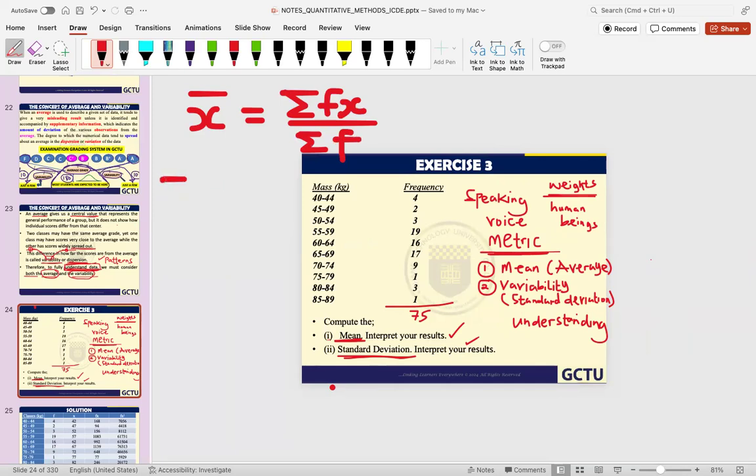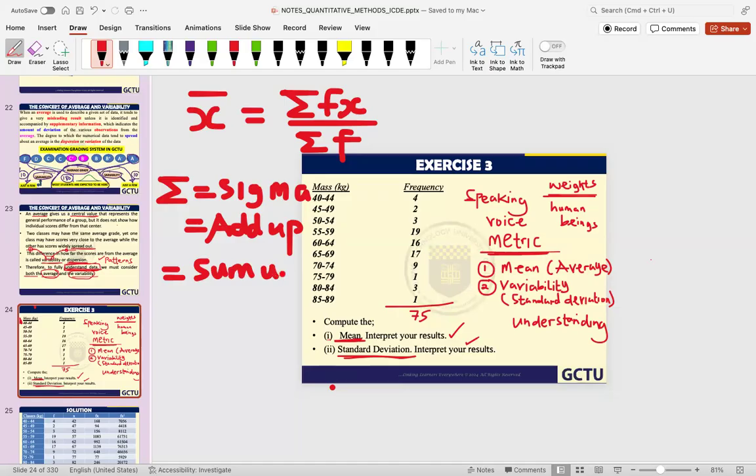where the sigma, this Greek symbol of sigma, means add up or sum. So you are adding up something. F is representing the frequency that has been displayed in the data.